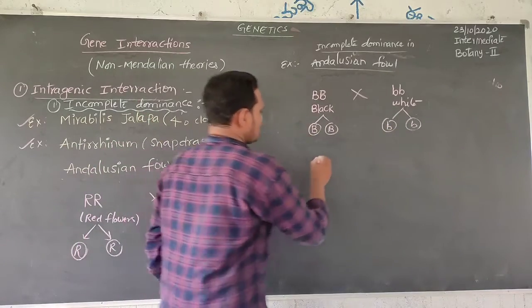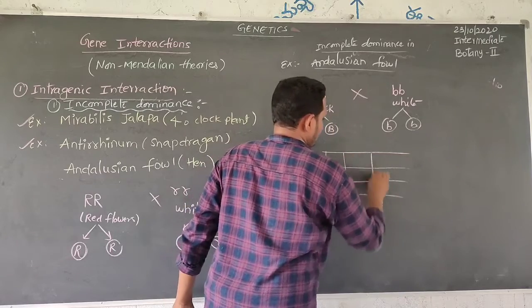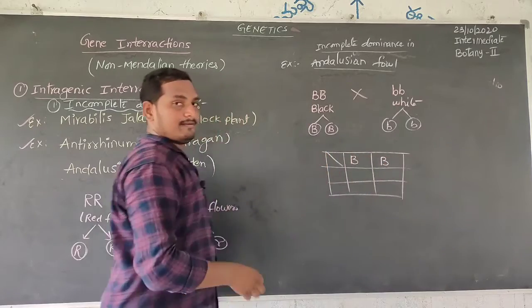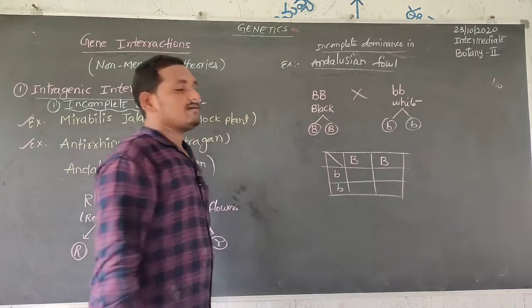In the F1 generation, what will happen? Capital B is the black color hen. Small b is the white color hen.